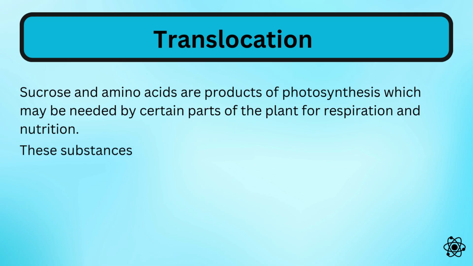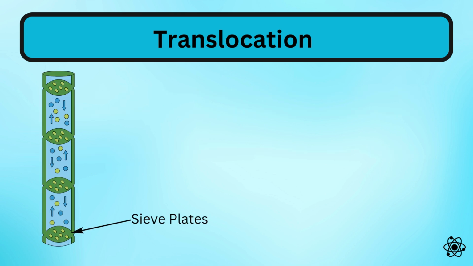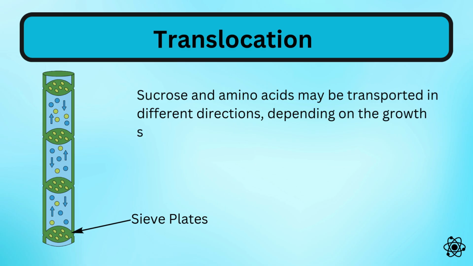These substances are transported by phloem tubes, which are made of living cells, unlike xylem vessels. Sucrose and amino acids may be transported in different directions depending on the growth stage of the plant or time of year.